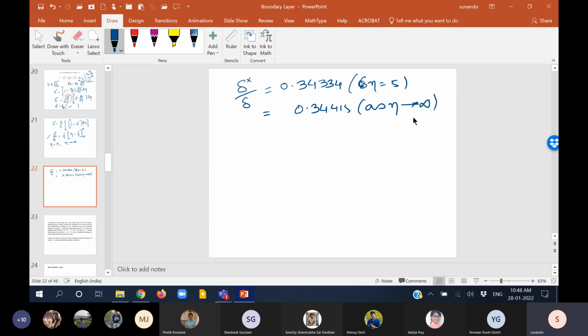And then we'll go for the evaluation of the Vy by u. So if we try to find out what is Vy by u at the edge of the boundary layer.